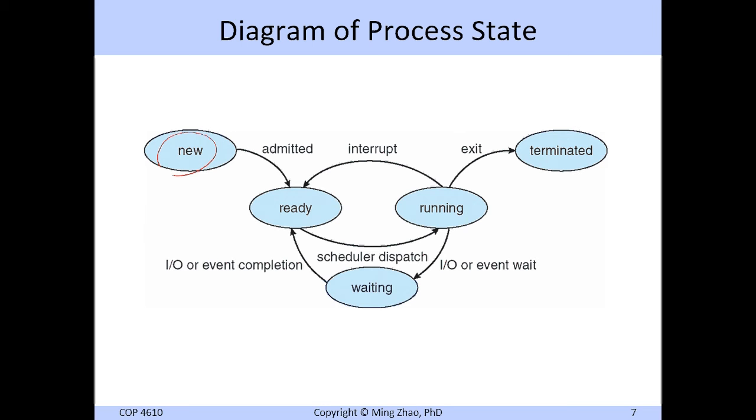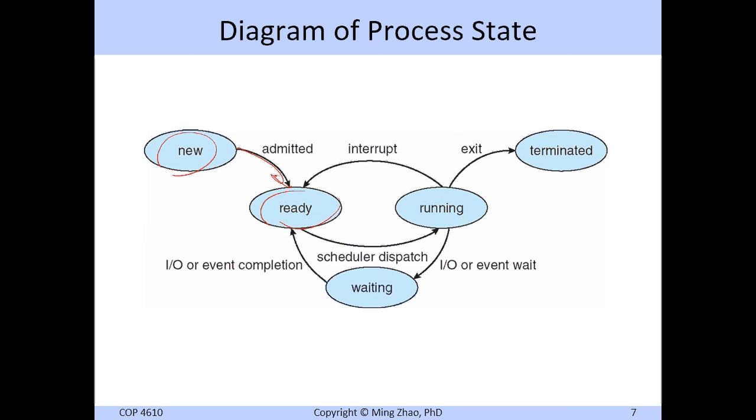Then if we have a long-term scheduler, the so-called job scheduler, it will decide when the process should be admitted into the ready queue. But if we don't have a long-term scheduler, then the new process is immediately admitted into the system and placed into the ready queue.